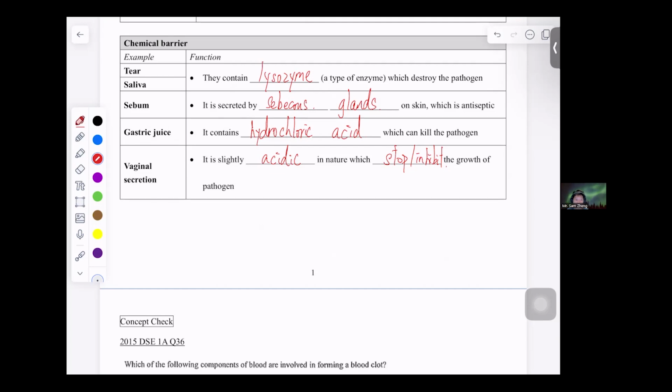Apart from that, our body will also secrete some sebum, gastric juice, or vaginal secretions. These chemicals are either antiseptics, or a type of acid, or slightly acidic in nature. This can inhibit or stop the growth of the pathogen, or if it is too acidic, it may also kill the pathogens.